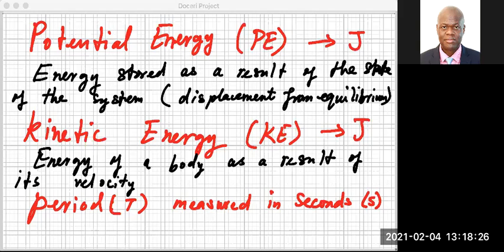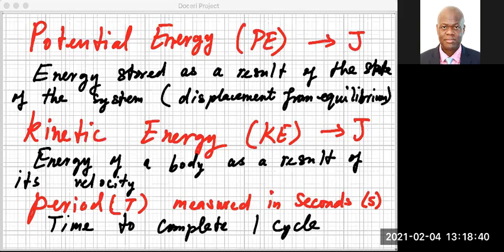So period, measured in seconds, is the time to complete one cycle of motion. In the case of a spring, if you pull it to the right and let it go, the time it takes to go all the way to the left and then come back to where it started is called one cycle.